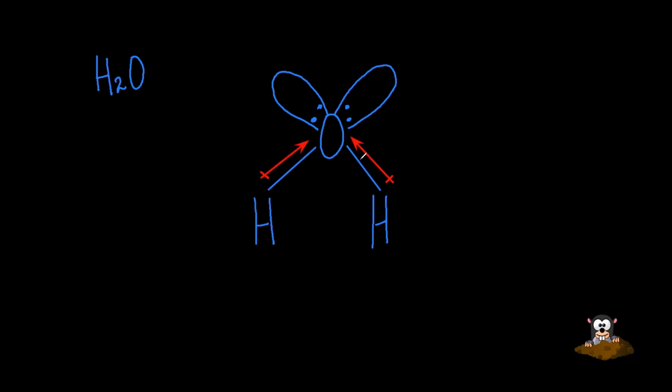Or you can think of it this way: oxygen is more electronegative, so it's going to be pulling electrons closer to itself. Therefore, oxygen will have a partially negative sign because it has a greater electron density, or it's electron rich. And hydrogen will have a partially positive sign because it is electron deficient or electron poor.